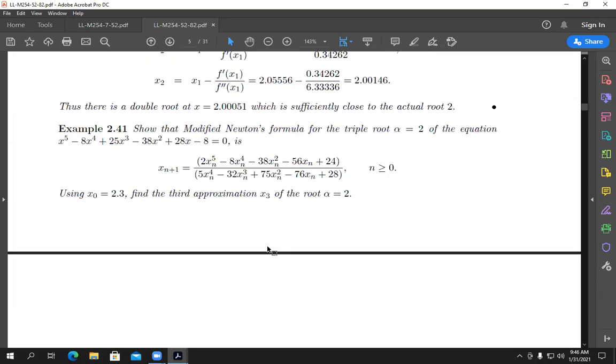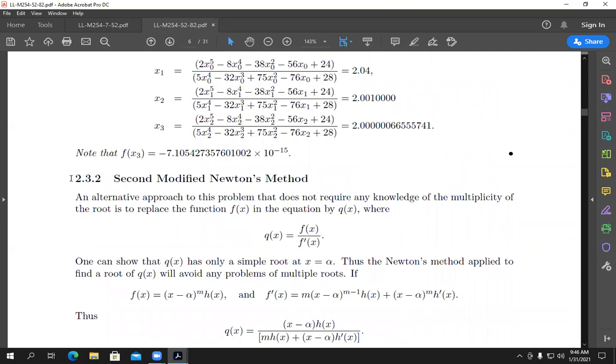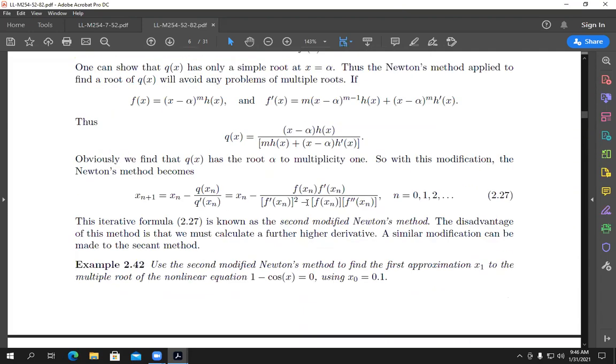But there is a second modified formula. Example, inshallah, we discuss next time. This is the second modified Newton formula, and it is not difficult, but it is a lengthy one. I call it second modify.